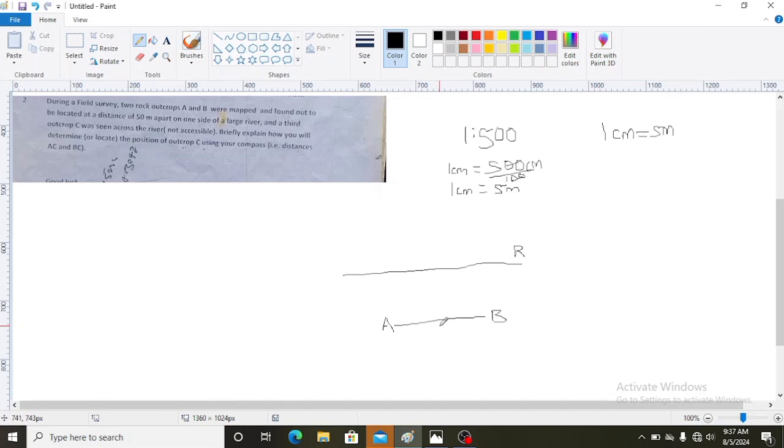No, because you can decide to write 50, but to make it so simple, I'm going to convert this 50 given in the question to centimeters, so that you are going to measure anything we get after conversion from A to B. So X centimeter is equals to 50 meters.